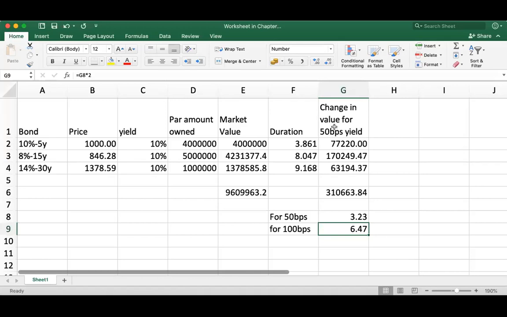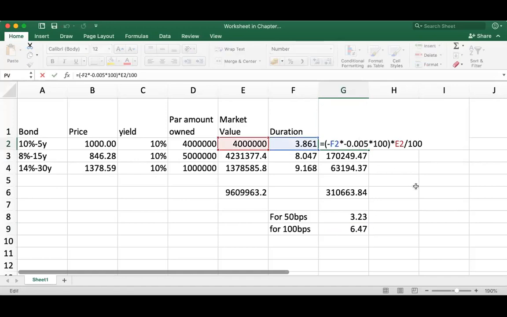So given this 50 BPS change, using the duration formula, I will calculate the price change of each of these bonds.